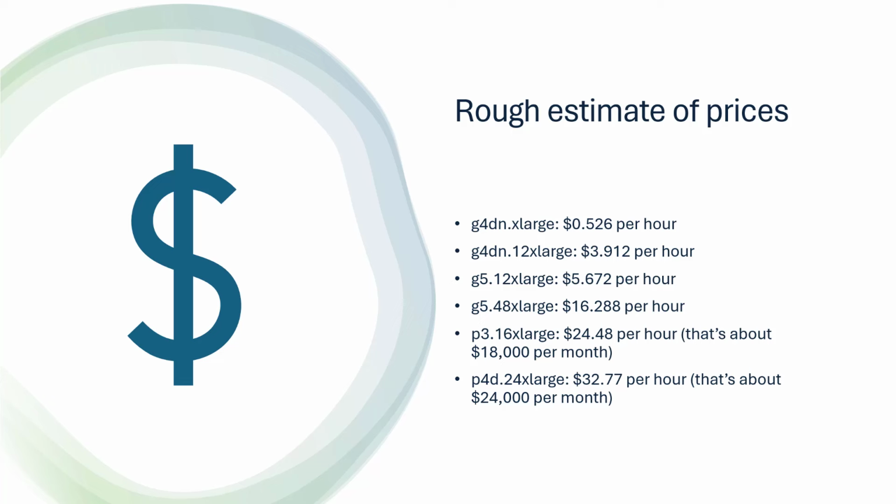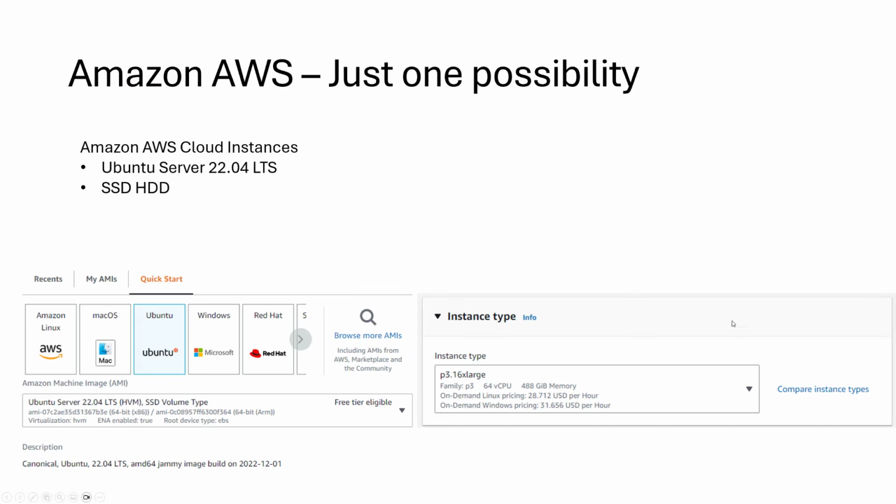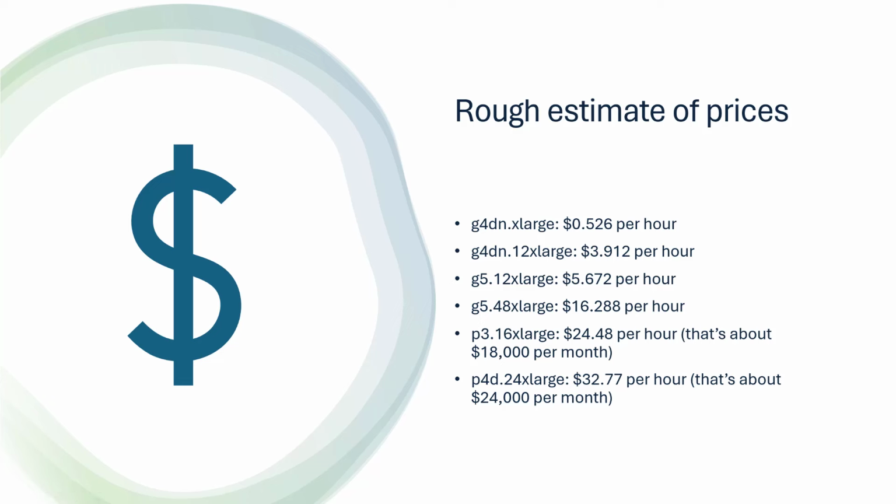So the rough estimate of prices and the different kinds of servers you can pick. Let's just go one back. I'm talking about the instance type right here. So there are different kinds of instance types, and depending on which you choose, you will get a rough estimate of prices. For the one called GDDN X large, it's going to be like $0.5 per hour.